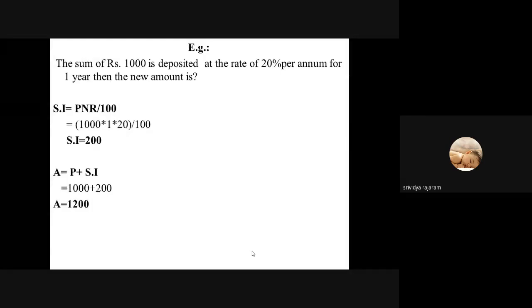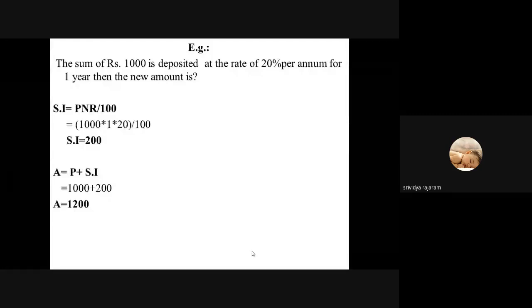So N is given here as 1 year. Then the sum of rupees 1,000 is nothing but the initial amount or the principal amount which we are depositing. And at the rate of 20%, this 20% is nothing but the rate of interest, given in terms of percentage. So it is just the direct substitution of values.